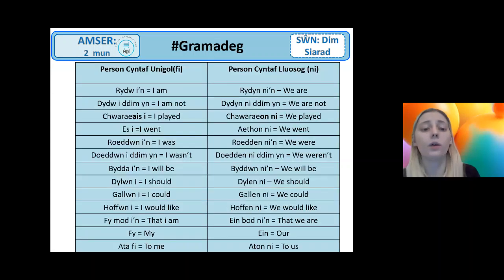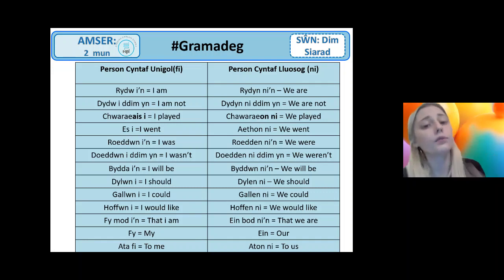So this is hopefully a good revision table for you to use in preparation for the exam. So these phrases here on the left-hand side are the "person cyntaf unigol". Can anyone type in the chat, what does "person cyntaf unigol" mean? Ardderchog, da iawn.